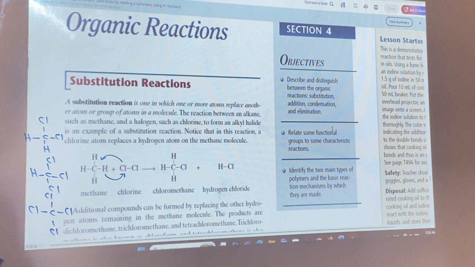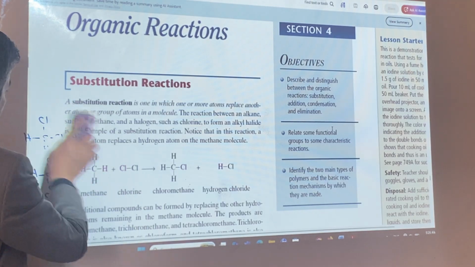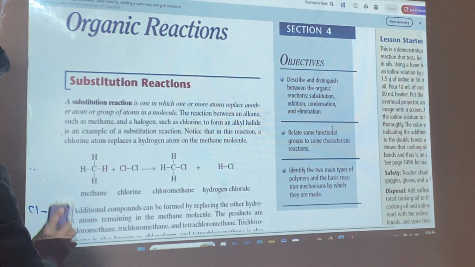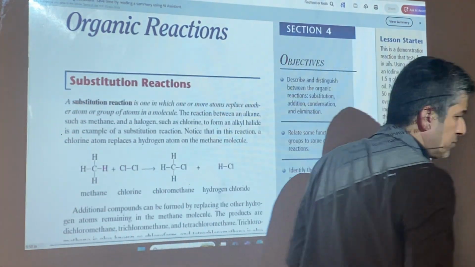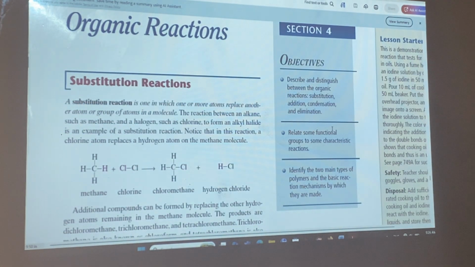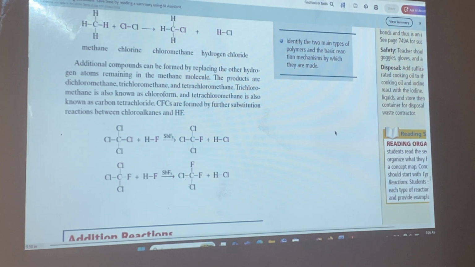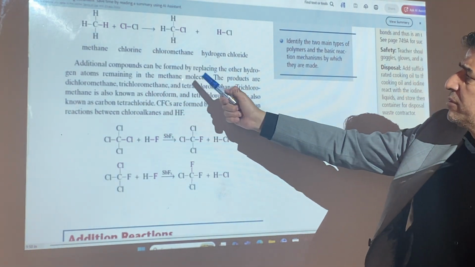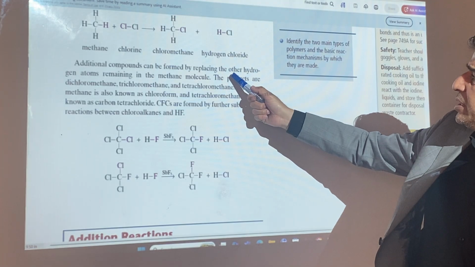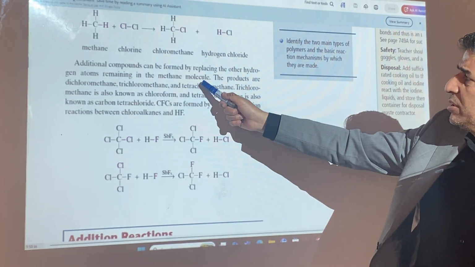Okay, this is the substitution reaction. Another example of substitution reaction we will learn now is the reaction between CCl4 and HF. Additional compounds can be formed by replacing the other hydrogen atoms remaining in the methane molecule.